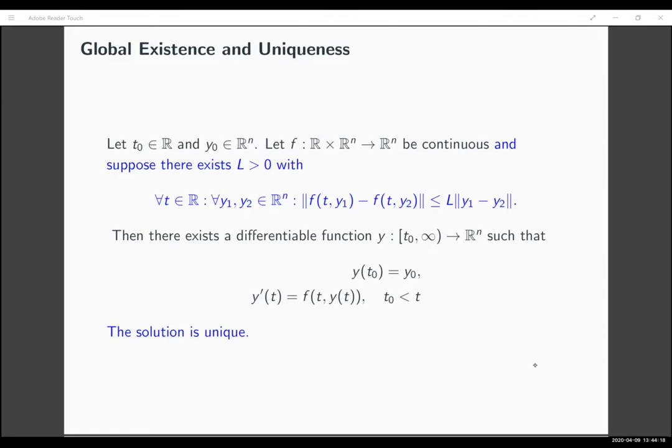Formally, the Euclidean norm of f(t,y1) minus f(t,y2) is bounded by L times the Euclidean norm of y1 minus y2.